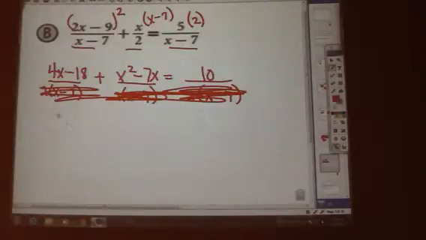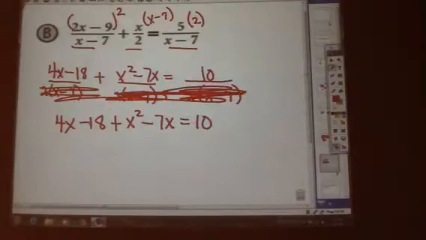No more fractions on this problem. 4x minus 18, I'm just rewriting it, plus x squared minus 7x equals 10. That is a minus 18 right there. Oh, shoot. 4x minus 18. All right.